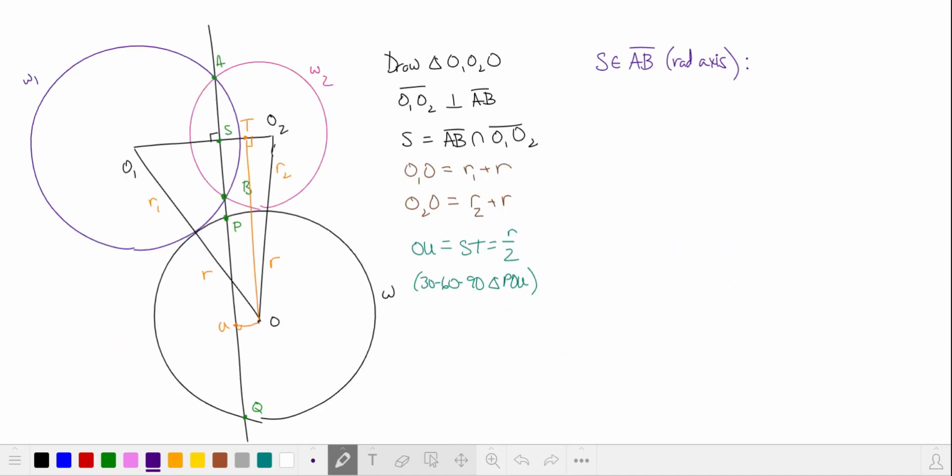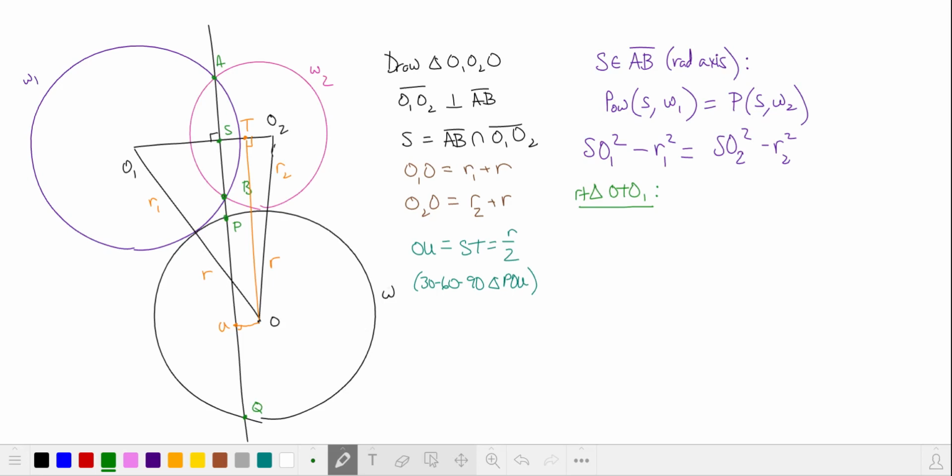Since S is on AB, which is the radical axis of our two circles, the powers of S to our two circles, omega 1 and omega 2, are equal. So we have SO1 squared minus R1 squared is equal to SO2 squared minus R2 squared. Take a look at the right triangle on the left, triangle OTO1.